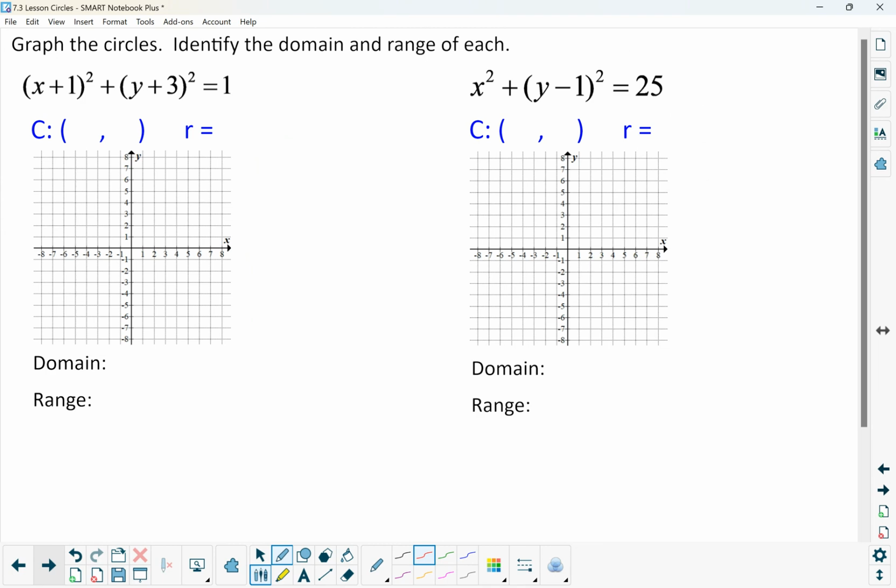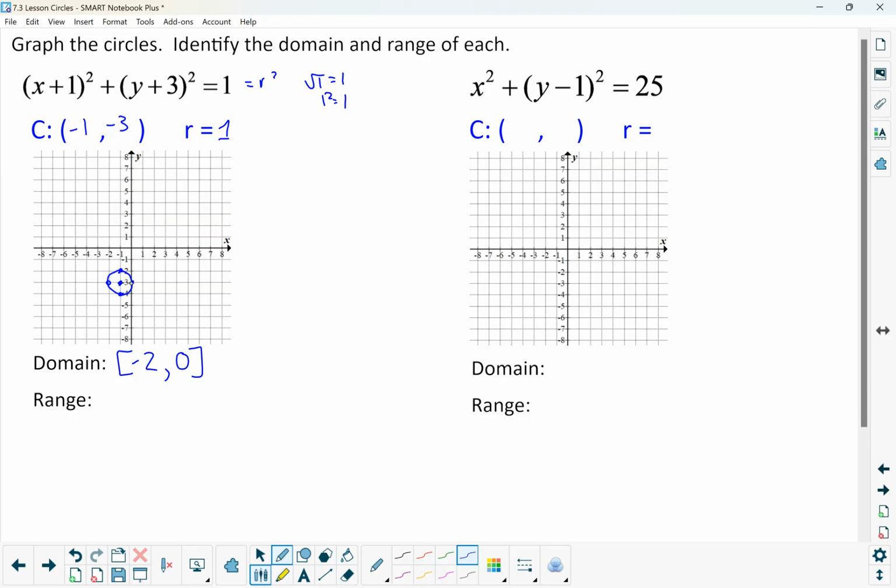Okay. Let's graph a couple more. (-1, -3) is the center of this circle. This one, radius squared is 1, but the square root of 1 is just 1. 1 squared is 1, so the radius is also 1. This is a little itty-bitty, teeny-tiny circle. The domain of this circle will be -2 to 0. Now that 0 sometimes is tricky.